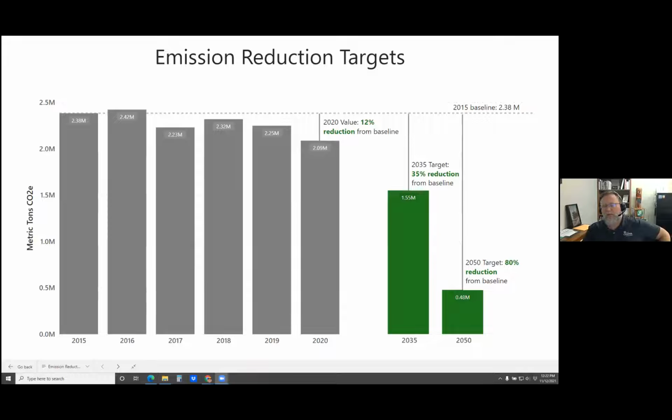And for a lot of different reasons, we didn't go back and change our overarching goals. However, we did state in the CAP that whenever possible, our approach will be to make the most ambitious reductions possible, so that we can meet the new guidance as it emerges.